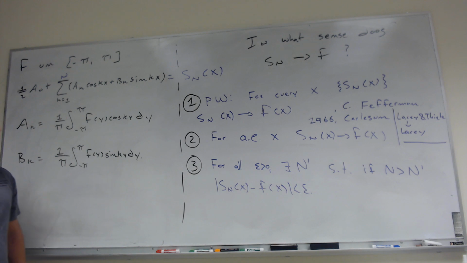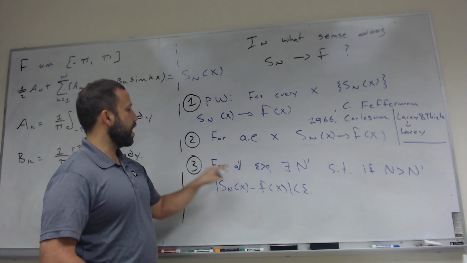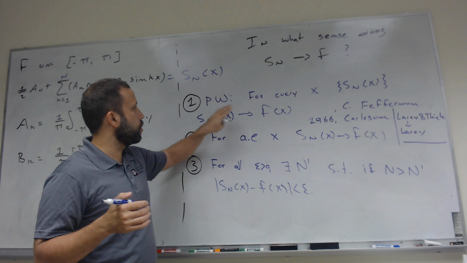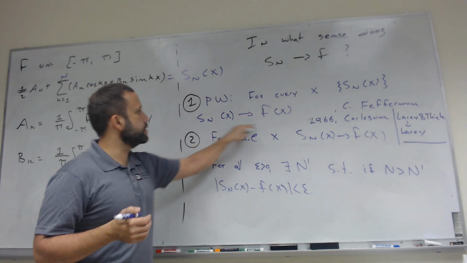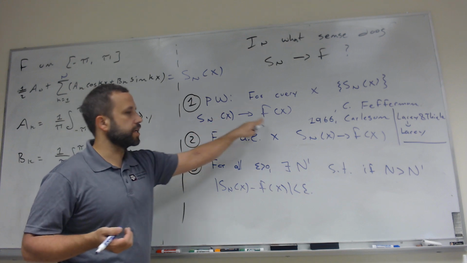You're probably going to have to pause the video and think about what's going on here. Okay, so what does this say? If I just look at this, it's for all x, so I'm saying for every x, this is true. So what does it mean for Sn of x to converge to f of x?